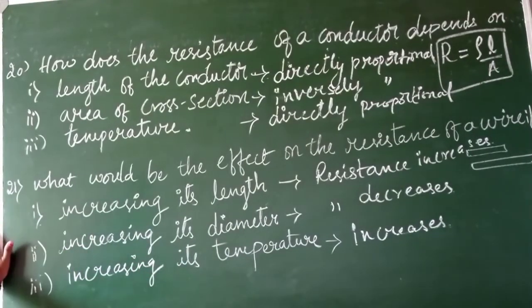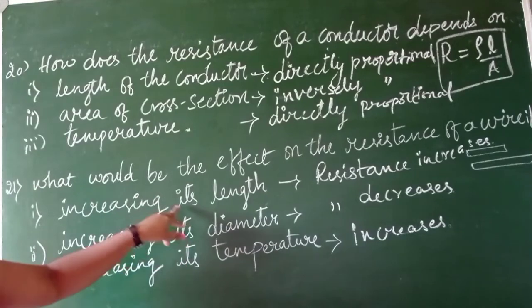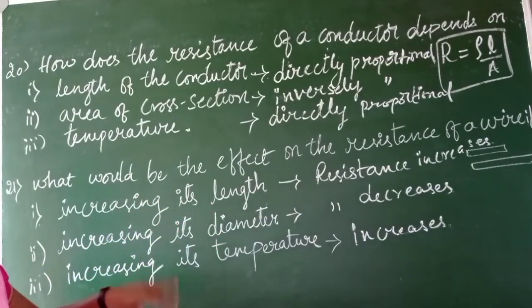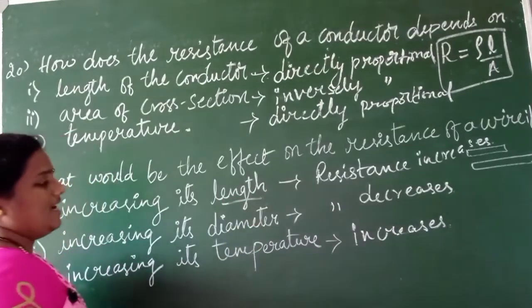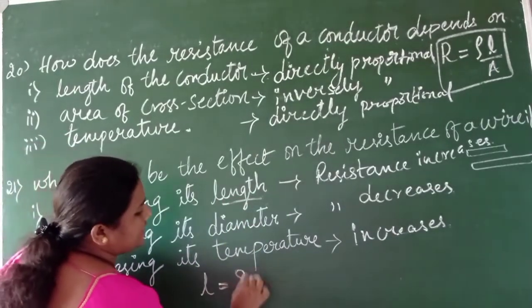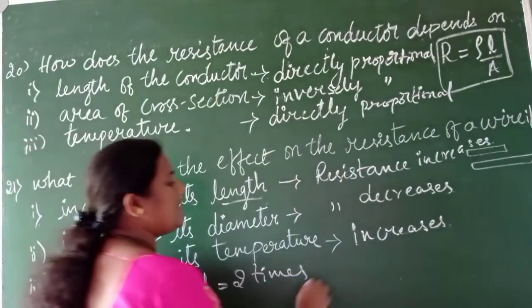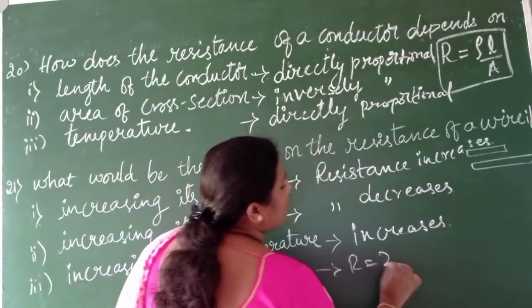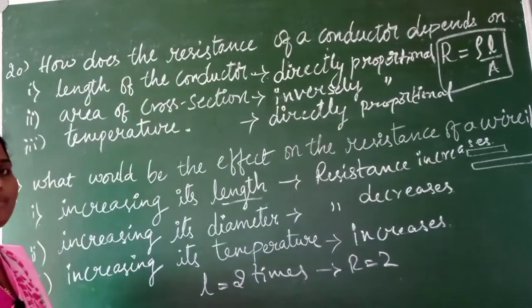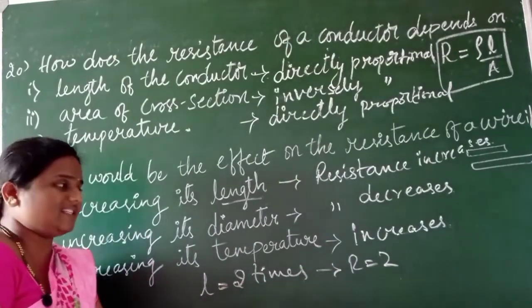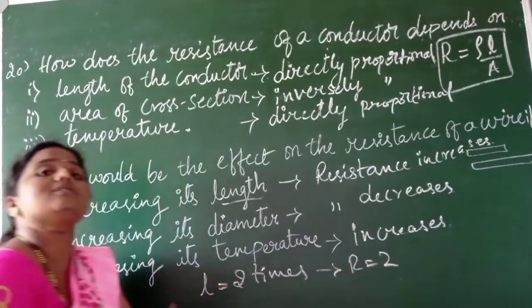Suppose for the same question, they have asked its length got increased by 2 times, isn't it, children? For this, if L is increased by 2 times, then what is the resistance? You have to write R is equal to 2, because it is directly proportional. How much length you are increasing, that much amount of resistance also is going to increase.